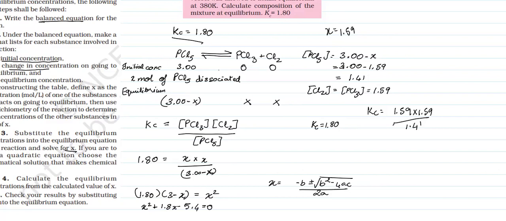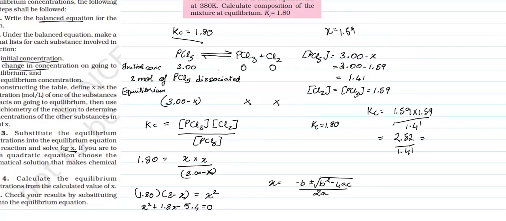So 1.59 into 1.59 is coming about 2.52 divided by 1.41, which I hope is equal to 1.80, which is 1.78.